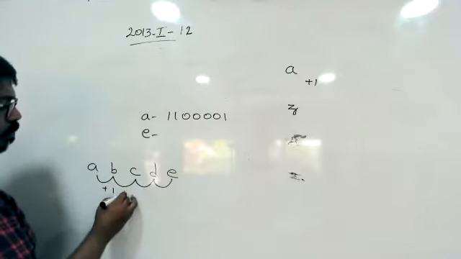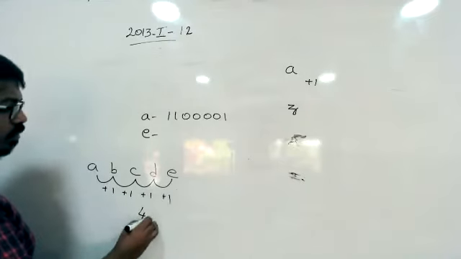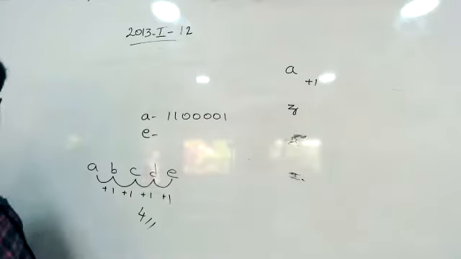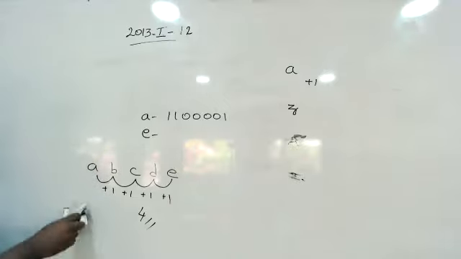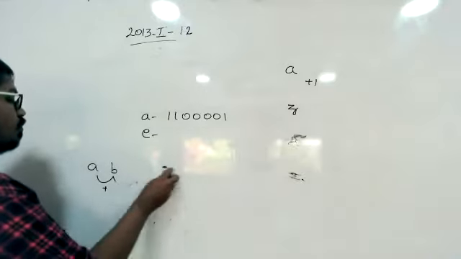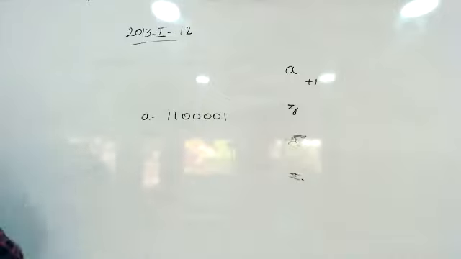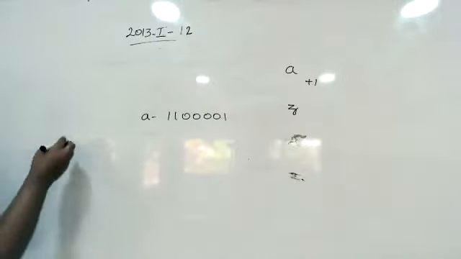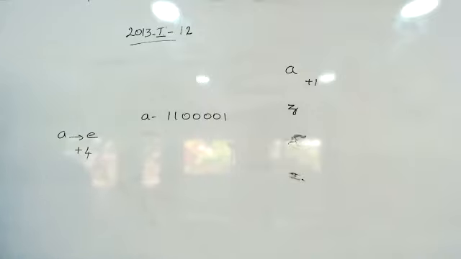So plus 1, plus 1, plus 1, plus 1. So you have to add 4. Here you have to add the value 4 with A. So from A to E, you have to add 4.